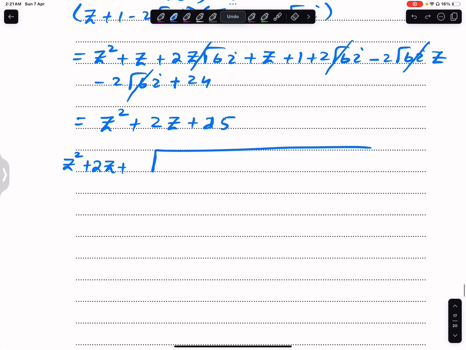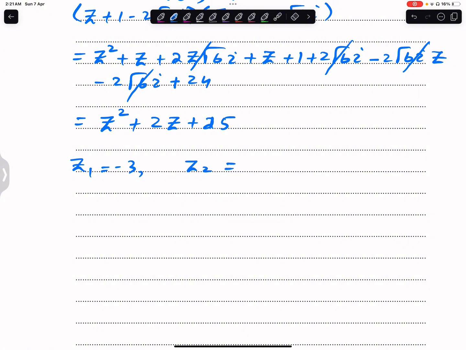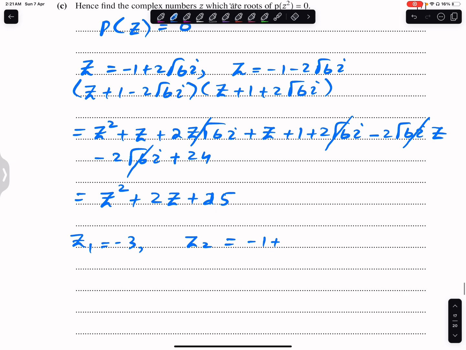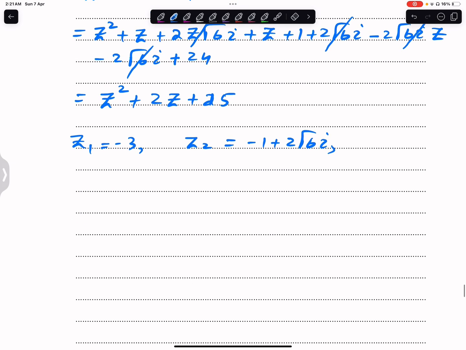Okay, students, we don't need to draw the long division. We have all the roots. Z1 was minus 3, Z2 was minus 1 plus 2 root 6i, and then Z3 was minus 1 minus 2 root 6i.